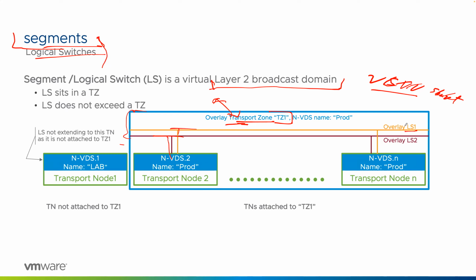For example, LS1 and LS2 never go out of TZ1. The maximum territory for a segment is its own TZ.